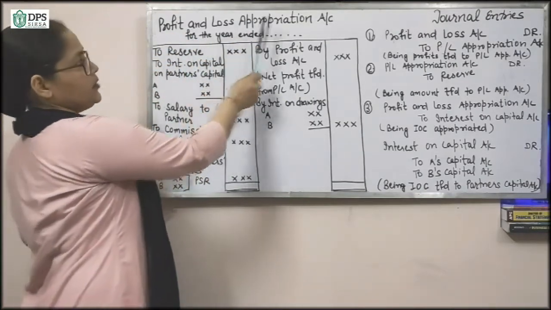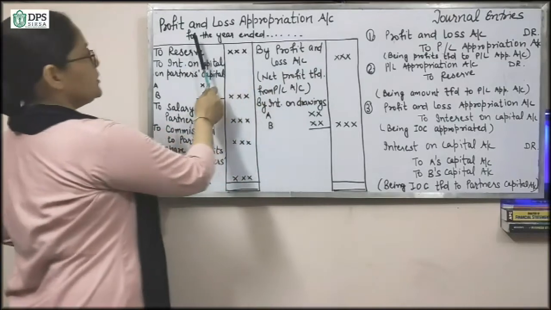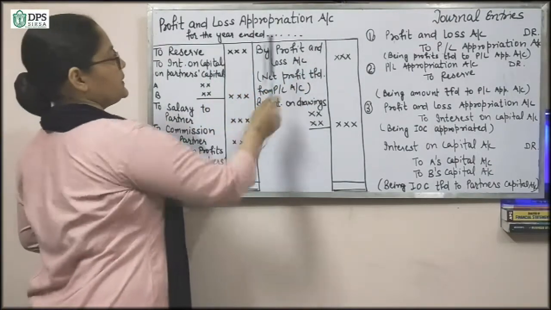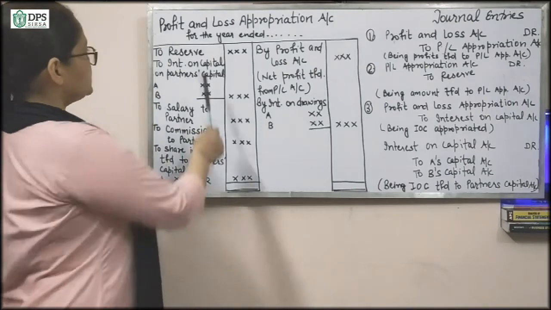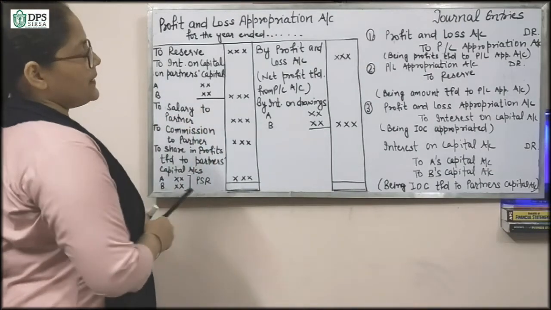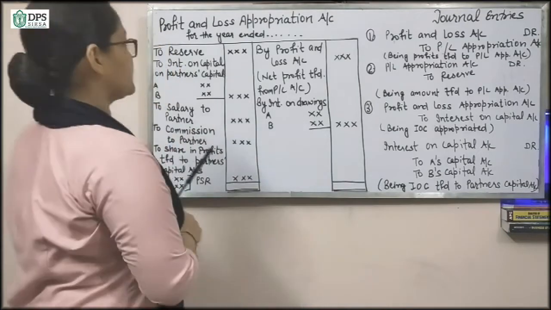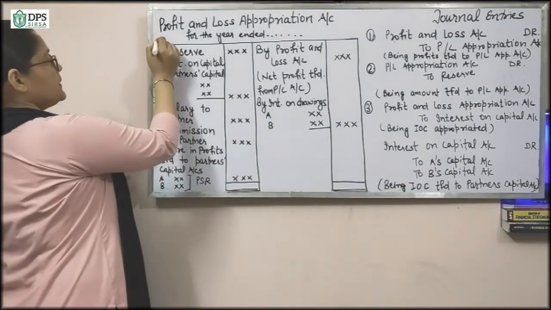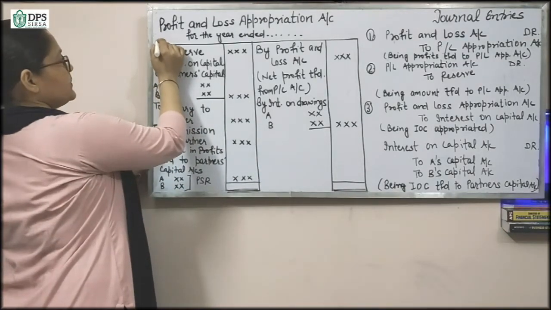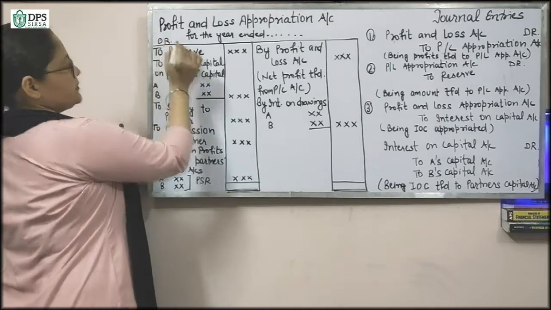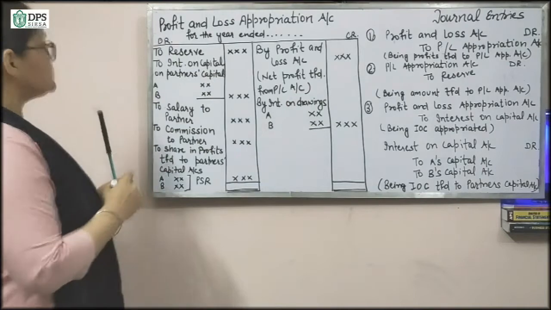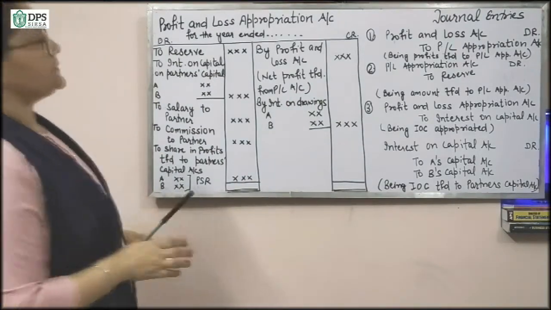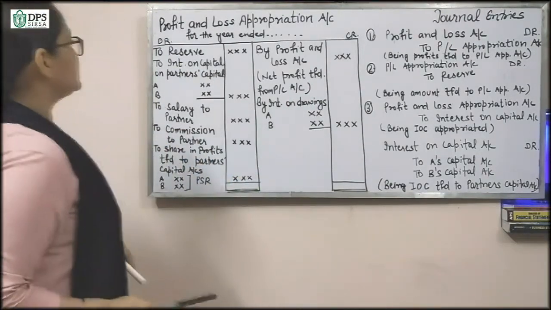So profit and loss appropriation account for the year ended, we will write here the date of the year end. So this is debit side and this is credit side.